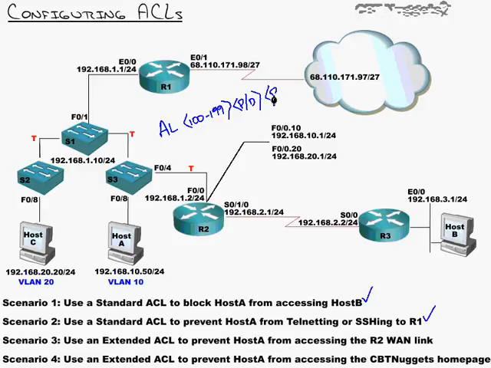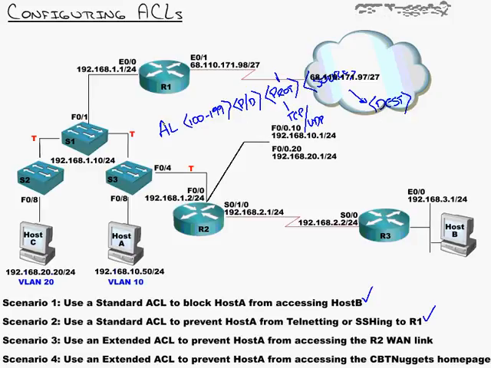We get to choose what protocol we would like to permit or deny. Examples of that might be like TCP or UDP, or there's some other ones we'll talk about in just a moment. We then type in our source information, and then we follow that up with our destination information.